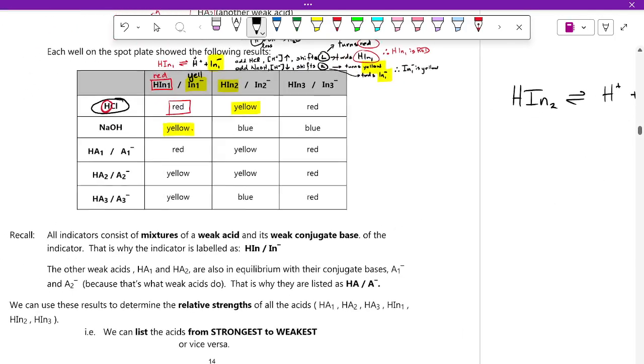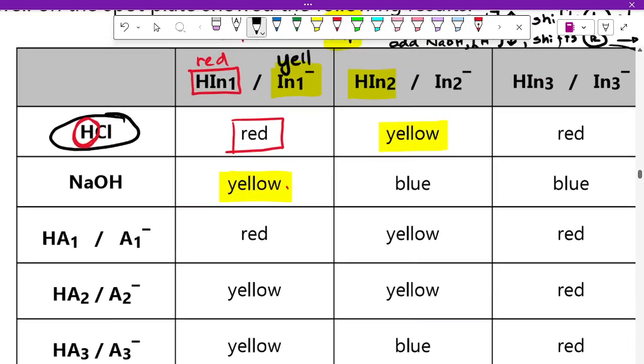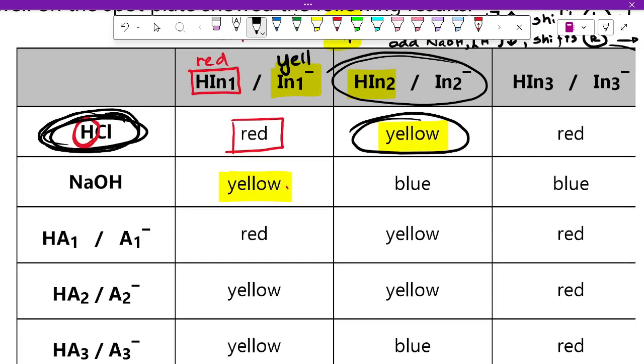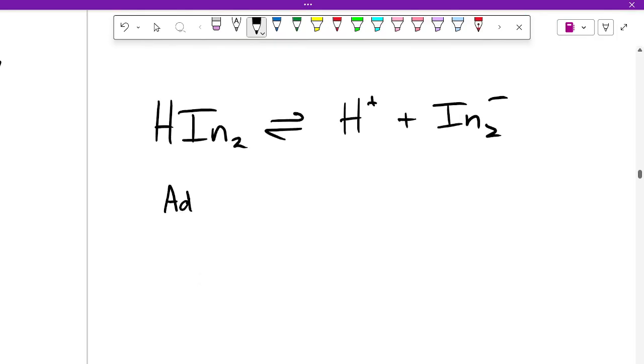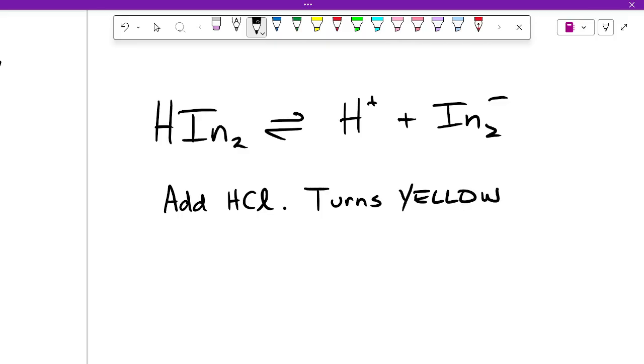Now we are told that when we add HCl to HIn2, that gives us yellow. If we add HCl, what have we done? We have increased the concentration of H plus.